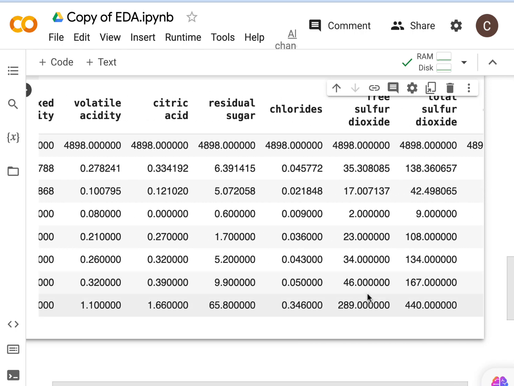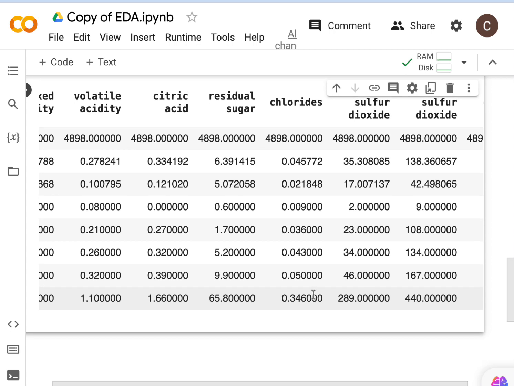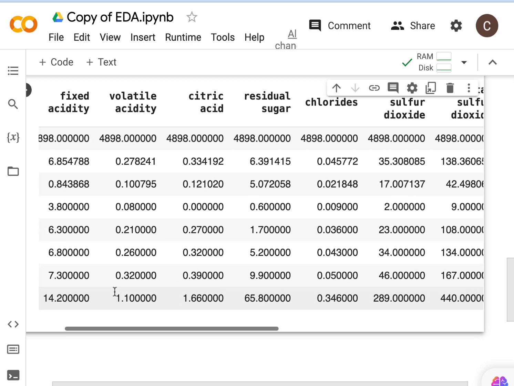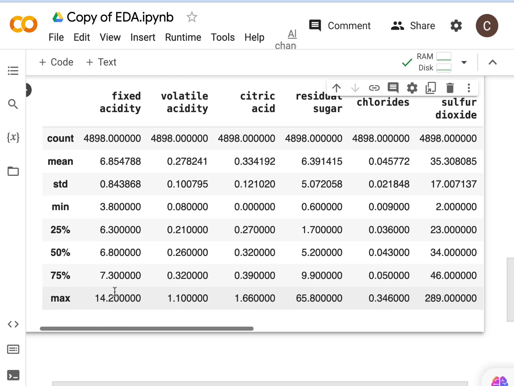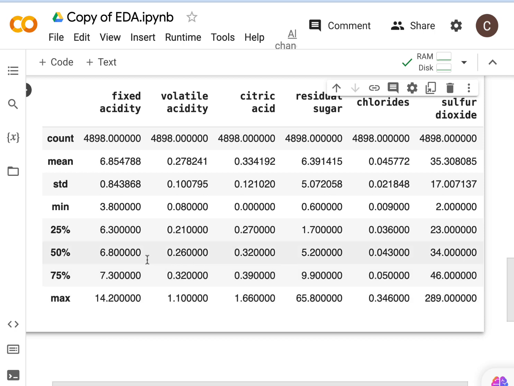So you could identify the free sulfur dioxide as a large gap proportionally, chlorides, residual sugar, and those are the largest. And again, what we're talking about is the ratio of the maximum to the 75th percentile, not the difference, because since these are scaled so differently, we want to look at something that takes into account the fact that scales are going to be different.